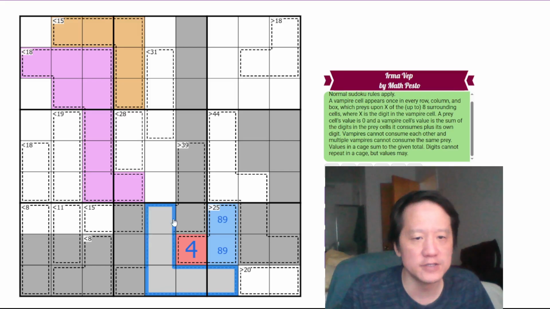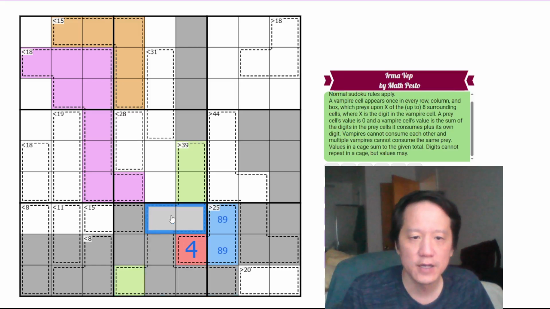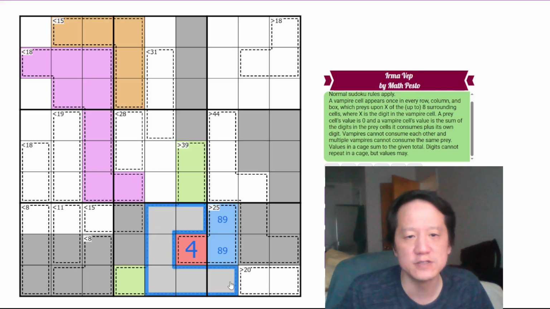So these are only preyed upon by these cells here, right? That means these cells cannot be preyed upon because you can't lose any of them. Same with this. This cannot be preyed upon because you can't lose that. And 2 out of these digits are preyed upon.